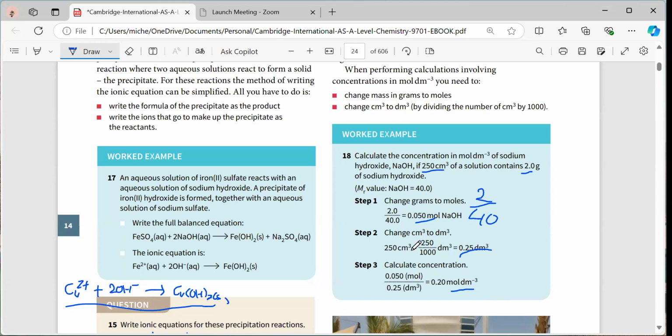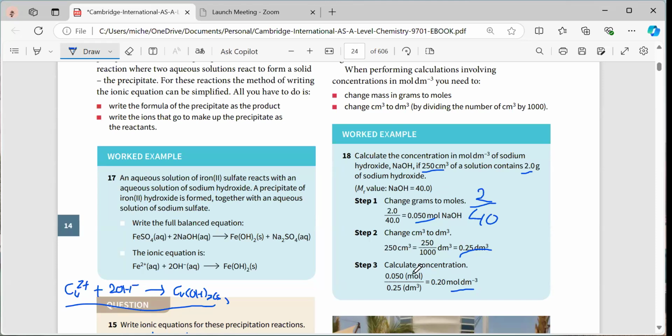After we convert that, like I said before, we divide by 1,000. We get 0.25 as a result. After we get the moles and the volume, we can find the concentration. How do we find the concentration?